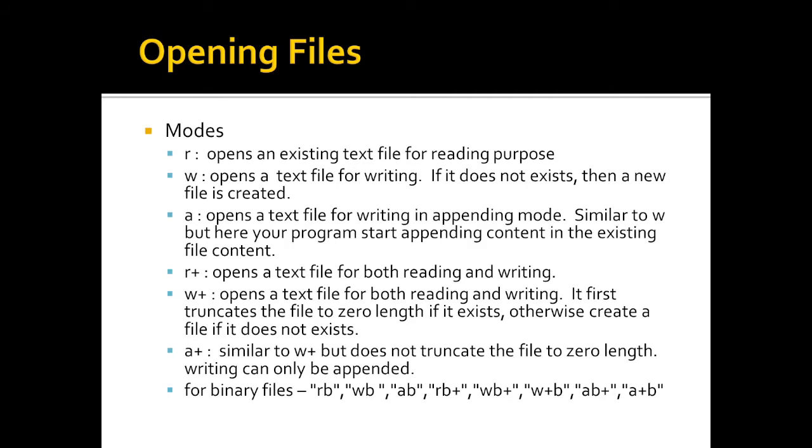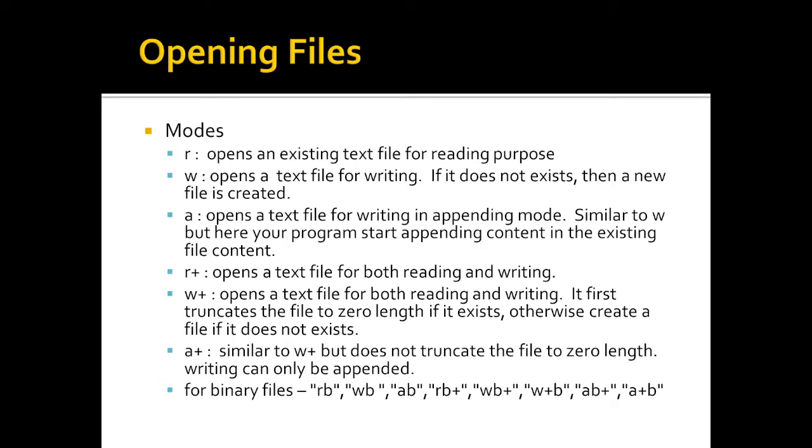R is used to open an existing text file for reading purposes. We use W to open a text file for writing. If the file does not exist, then a new file is created. We use A, which is similar to W, it opens a text file for writing, but in appending mode.